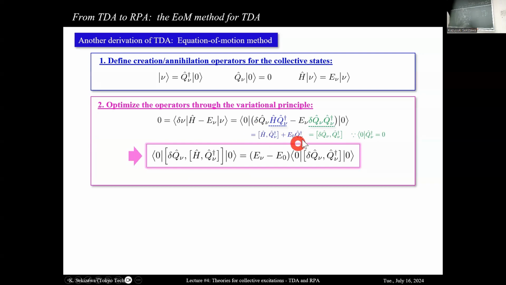So now it is the same as before. This first term is sitting over here, and the rest is on the right hand side. So this is the variation condition derived with this operator. Up to now, we have not specified what Q dagger is, so this is the general equation.